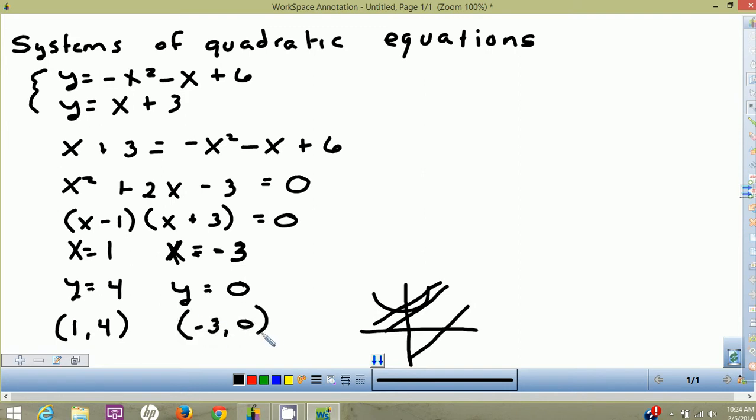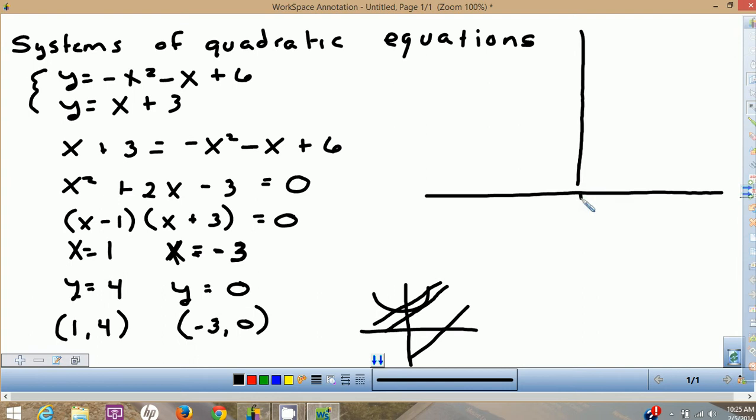So algebraically, I have discovered the 2 points of intersection for my system of equations, one of which is a quadratic. But there's another way I can do this. I can graph this. You can do this on your calculator, or you could come through and actually graph this by hand. So really quickly, I'm going to sketch out a graph here and show you what you get when you set up your graph for this system.